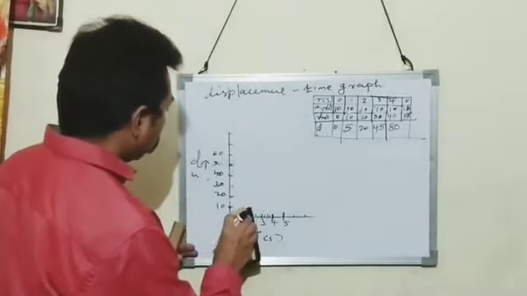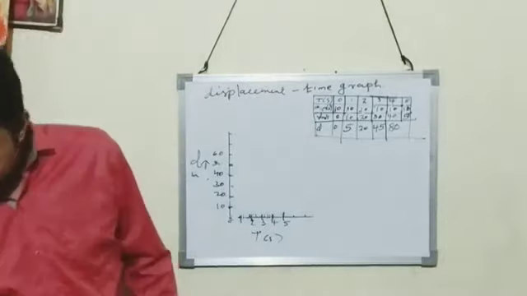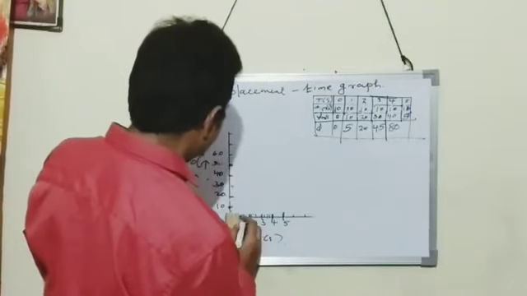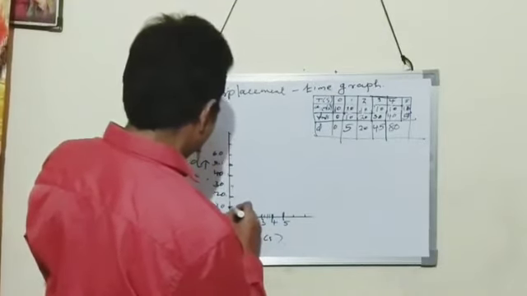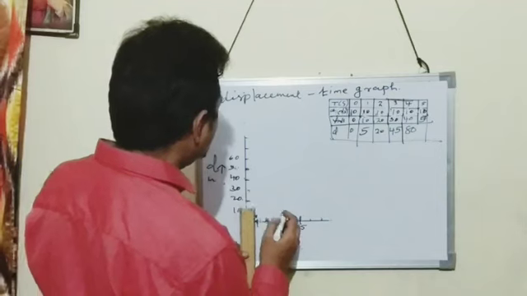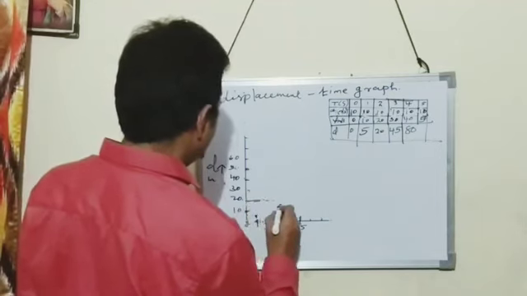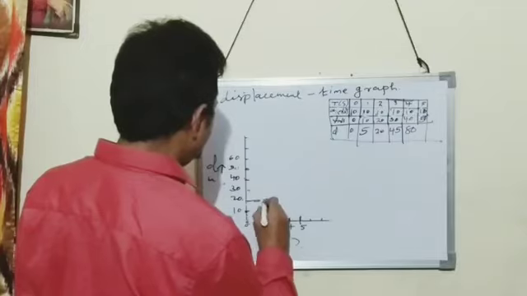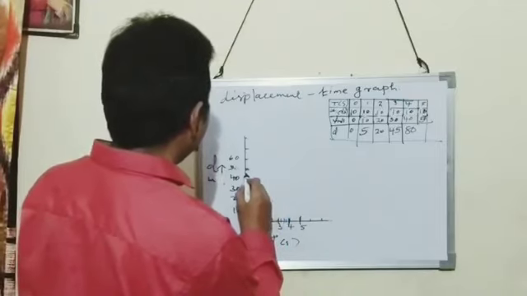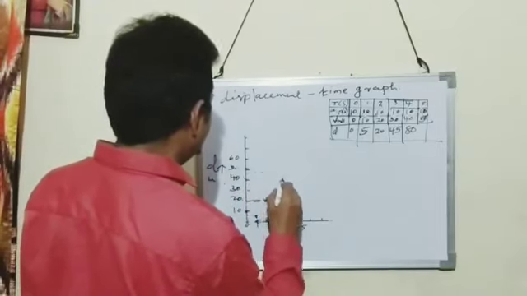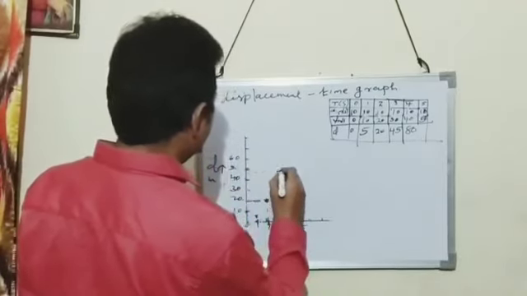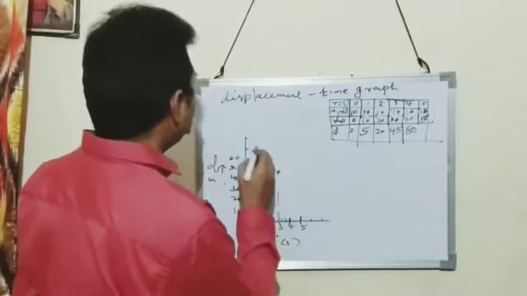At 0 it is 0, then at 1 second it is 5, at 2 it is 20, at 3 it is 45. Then at 4 it is 80.